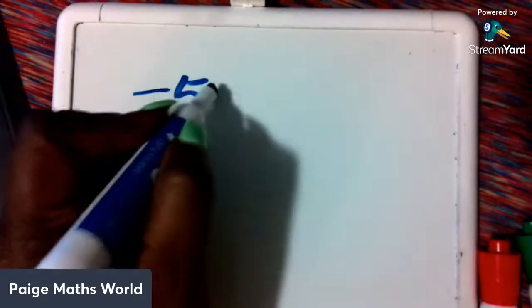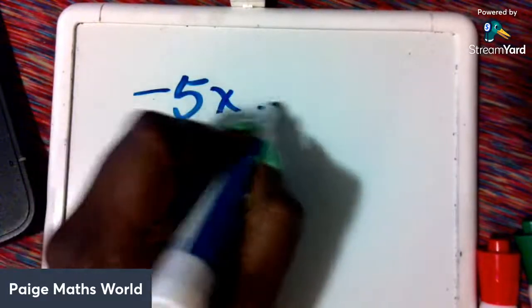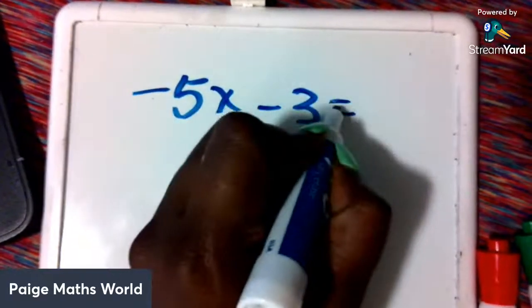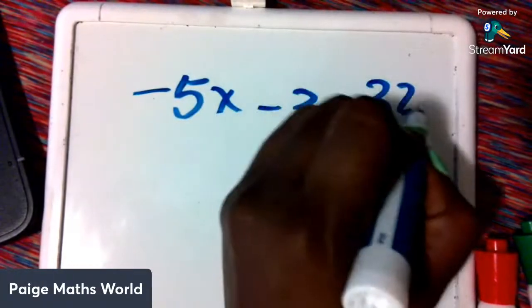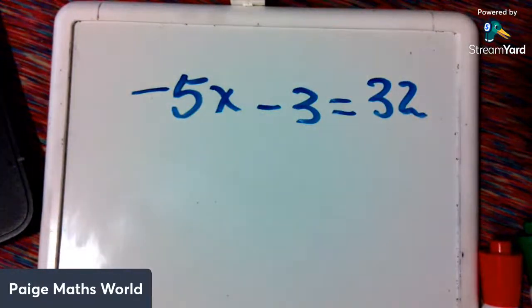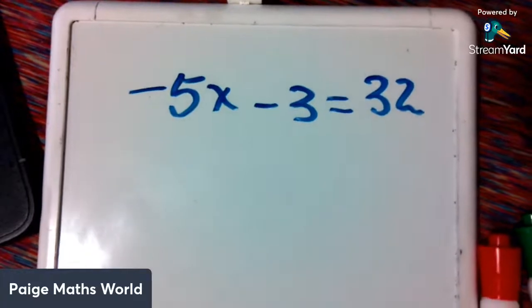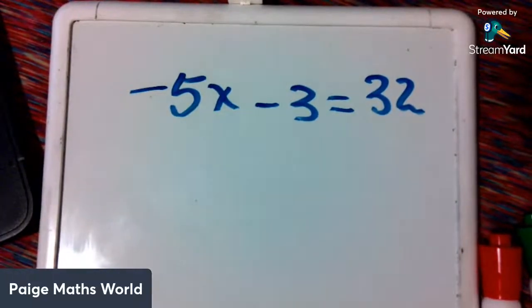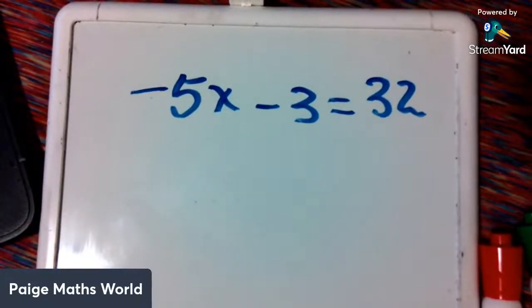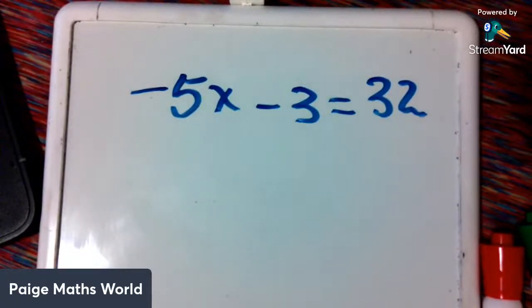So it's negative 5x minus 3, and that's equal to 32. And remember, we're solving for x. We're solving for x for this one. So what did you get, Keisha? Raymond, what's the answer for this? Since you didn't do the homework, what's the answer for this one?